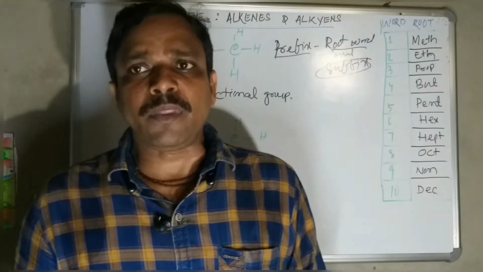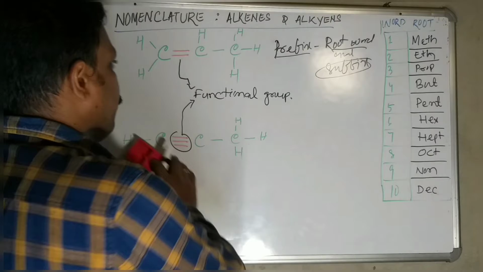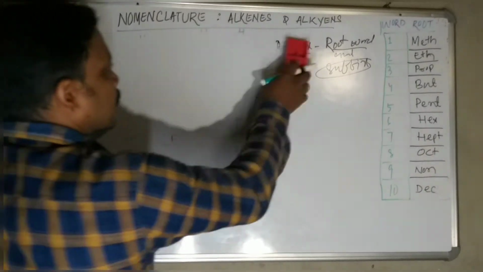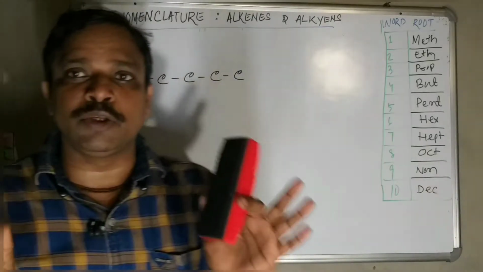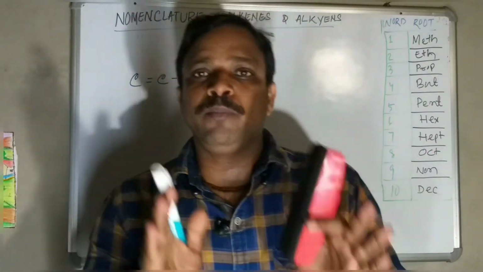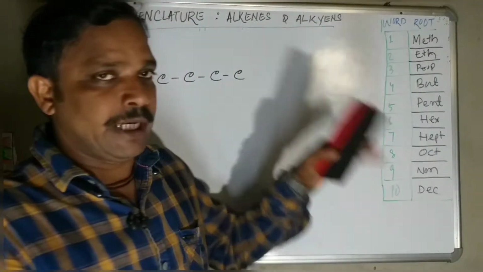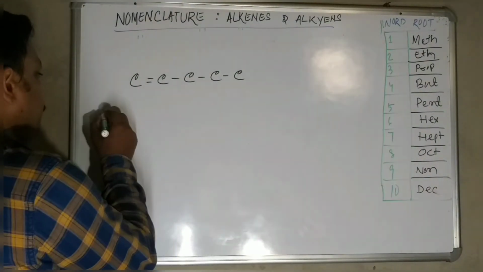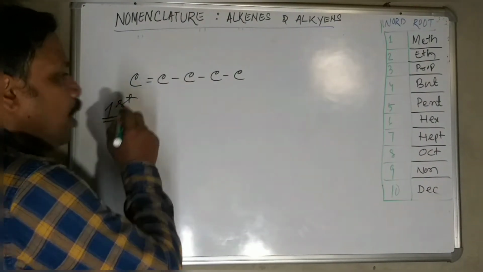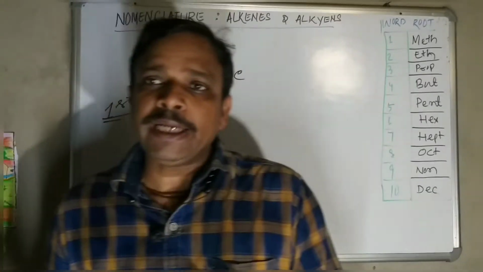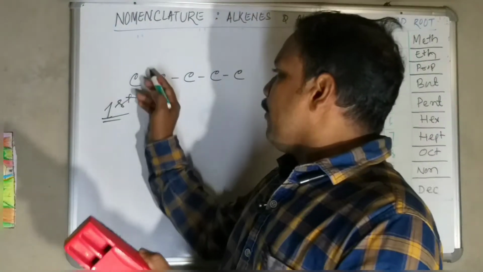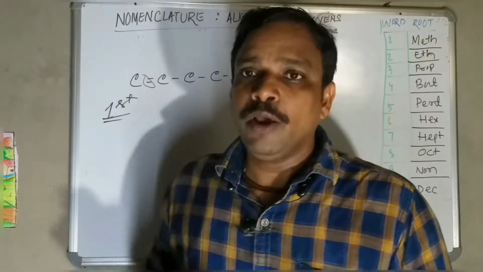Okay, let's take an example. For the first rule, the functional group should be included in the longest carbon chain. In the first step, we have to find the longest carbon chain containing the functional group.